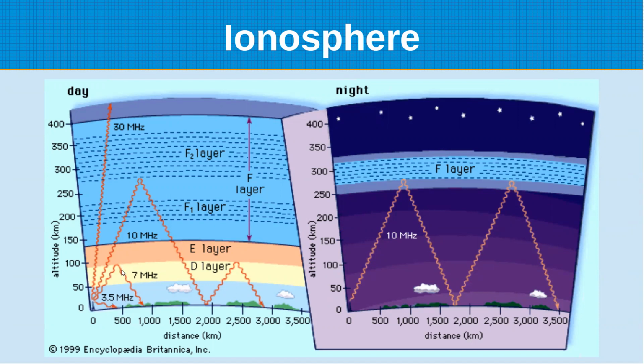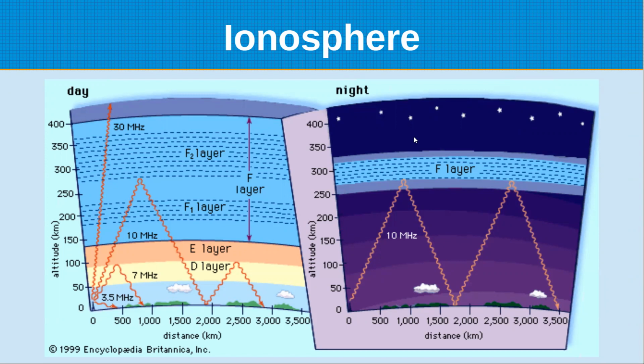And then 40 meters, it's refracting off of basically the E layer. Your 10 megahertz, which is 30 meters, is getting up into the F layers. And then they're showing 30 and above really not being refracted during the day.